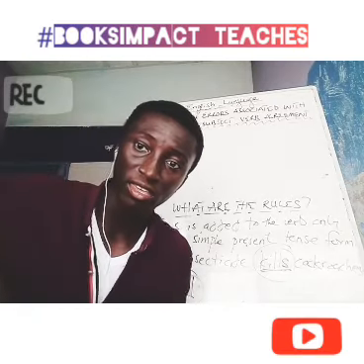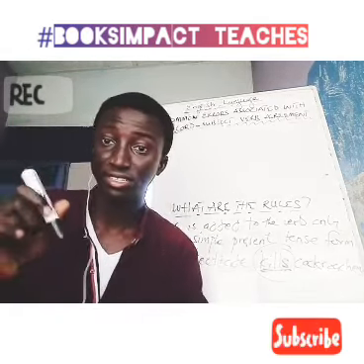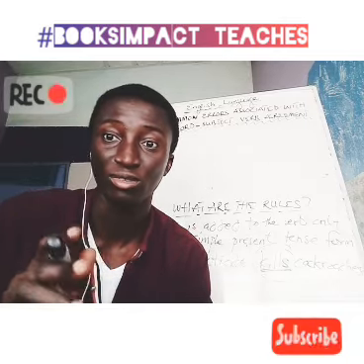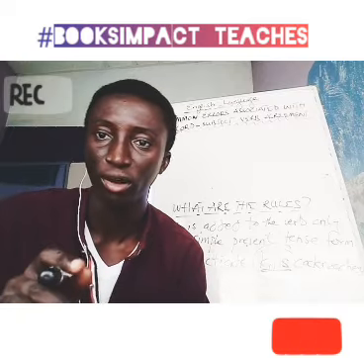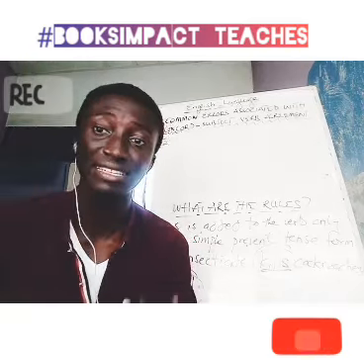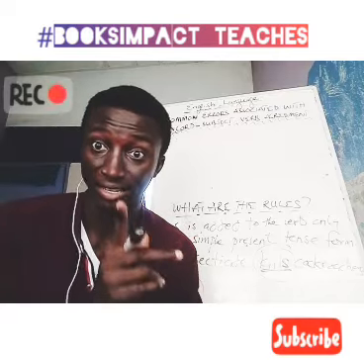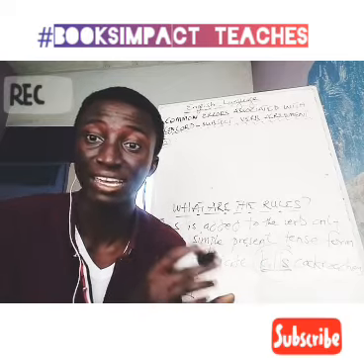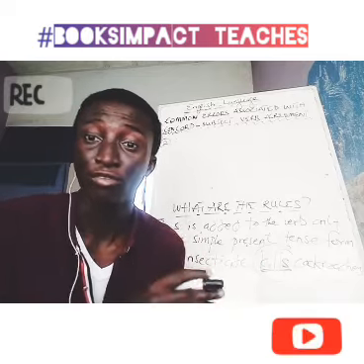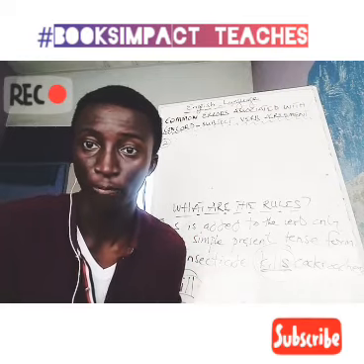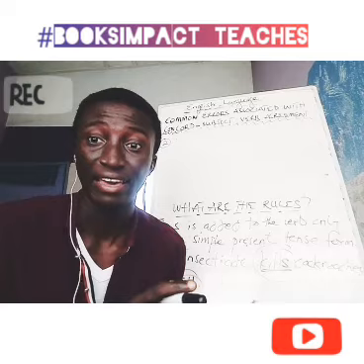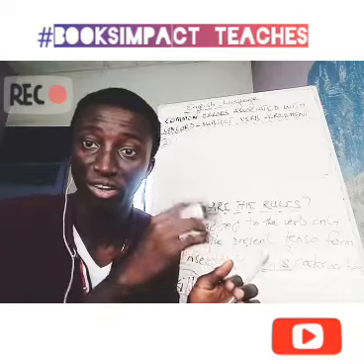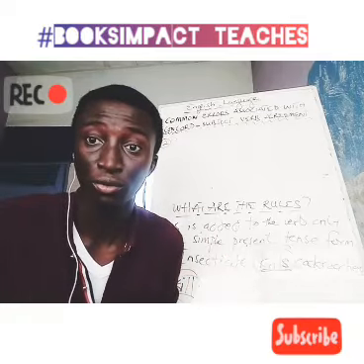So if the subject is not just a singular pronoun, but a third person singular pronoun, you add S to the verb. That is what you should note. The third person singular pronouns are he, she, and it. Apart from these, when the subject is a singular noun phrase which can be replaced by any of the pronouns I already mentioned, that is he, she, or it, then it means you are good to go.